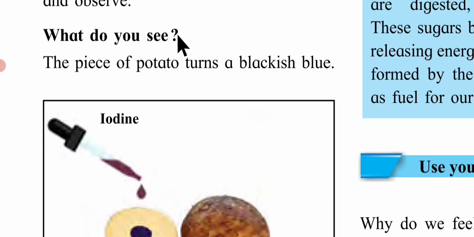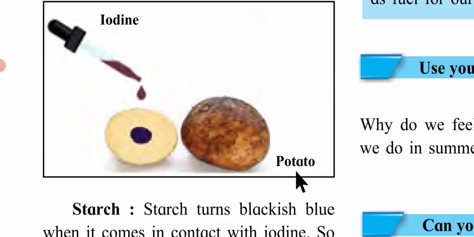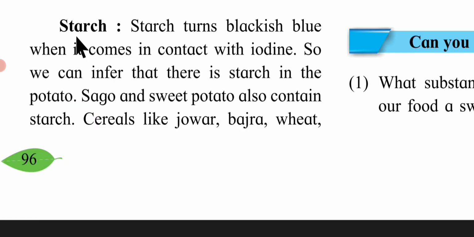What do you see? The piece of potato turns a blackish blue. Iodine, potato, starch. Starch turns blackish blue when it comes in contact with iodine. So, we can infer that there is starch in the potato.